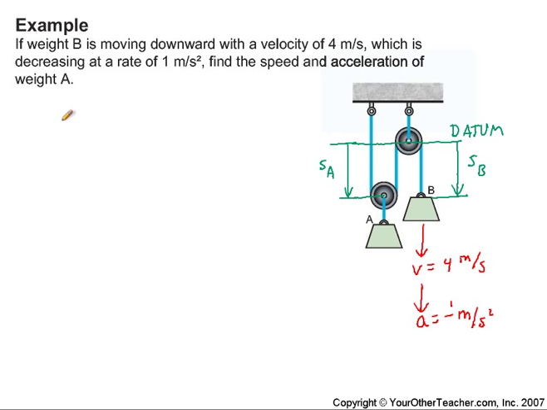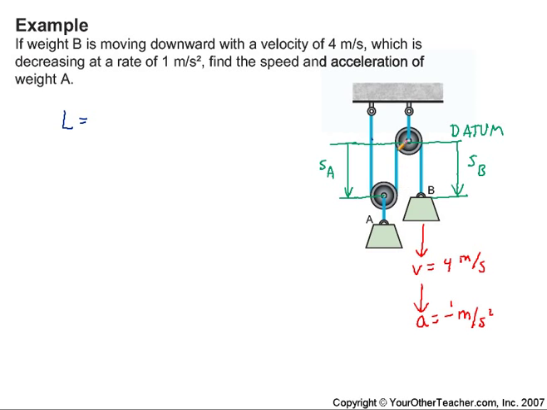All right, the next thing we do is we write a constraint equation. So the constraint is the length of the cable. So we say L equals, now we have to determine all the pieces that make up L. From here to here we have a constant value. From here down to here we have S sub a. From here around to here we have a constant value which is half the circumference of that pulley.